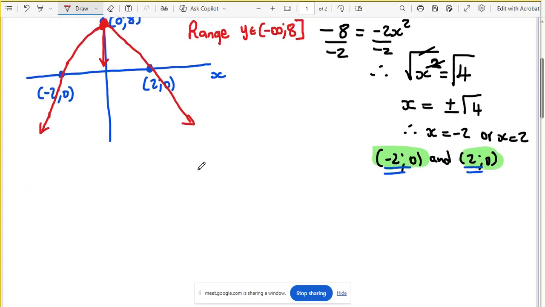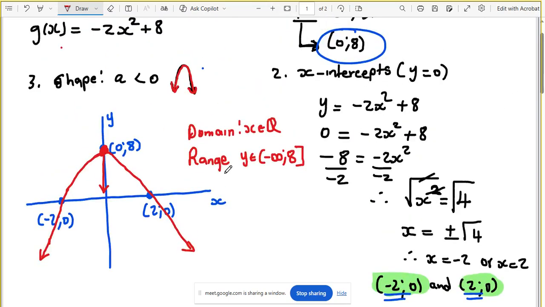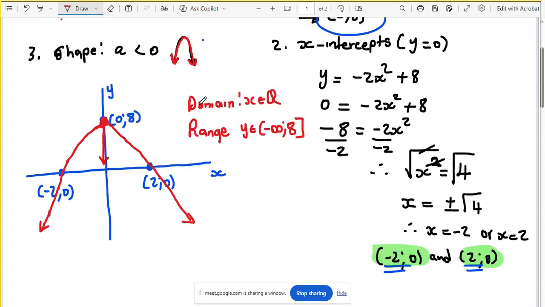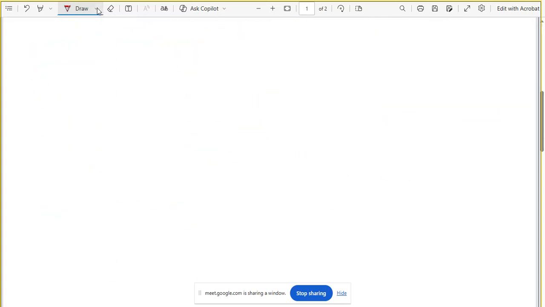So now this was a quadratic equation, also known as a parabola. The next type of function that we're going to work on, we call hyperbola functions.